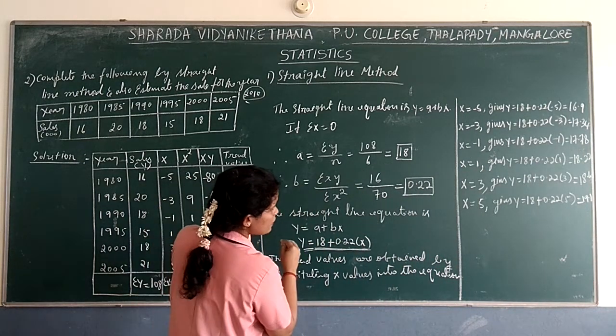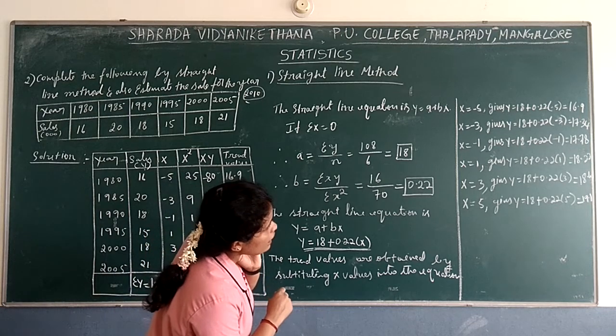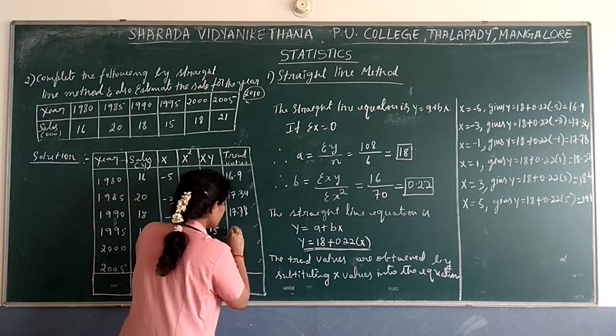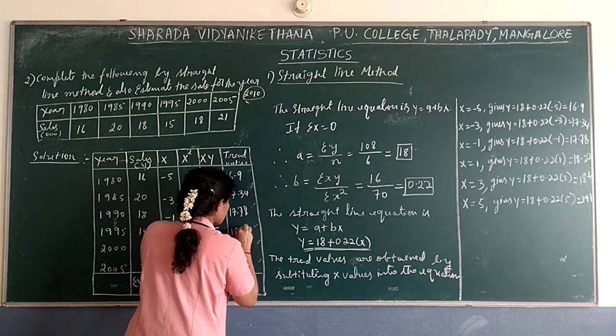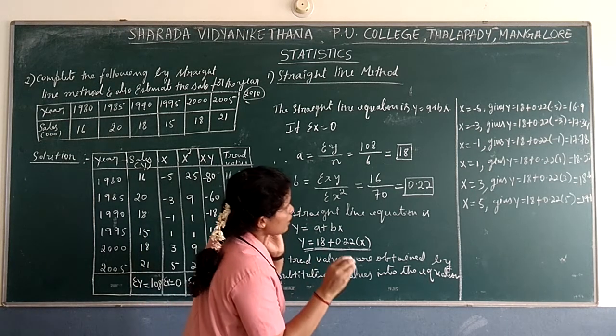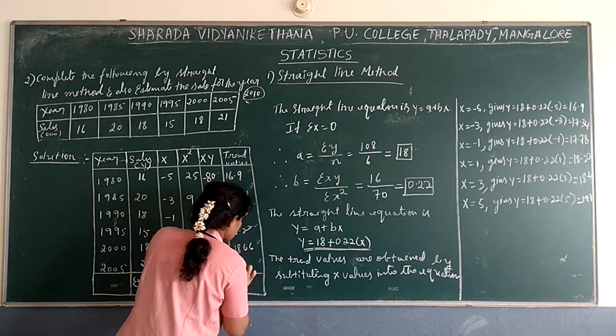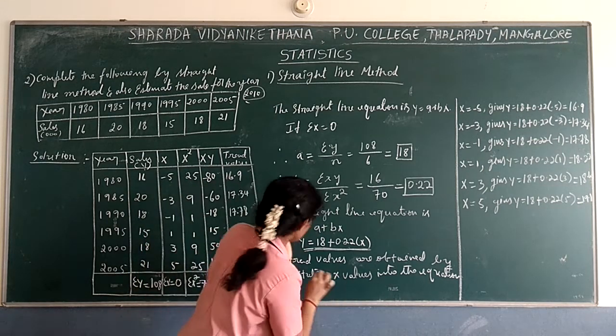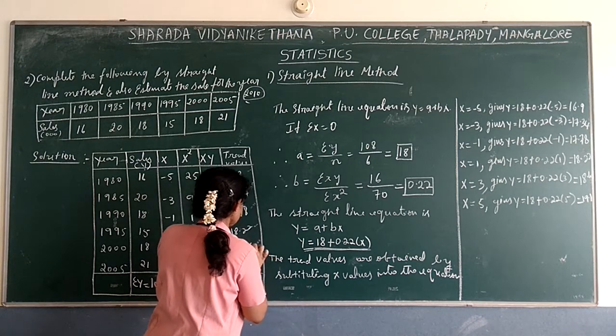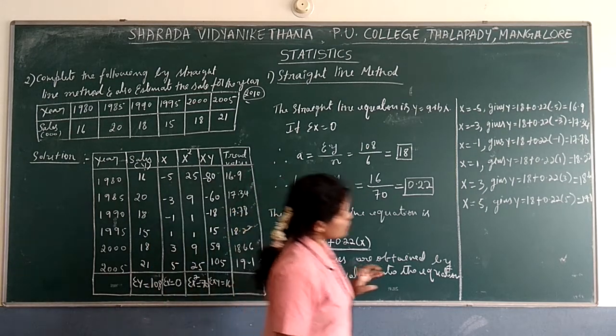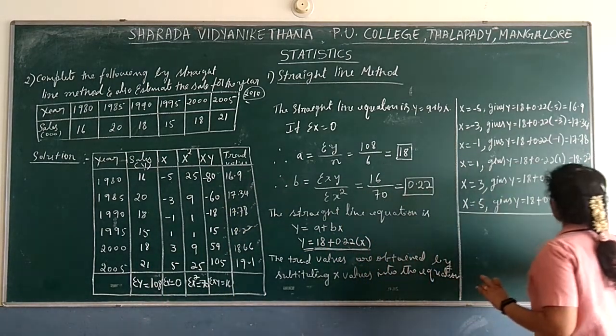First one, that is 17.78, then 18.22, next one 18.64, then 19.1.